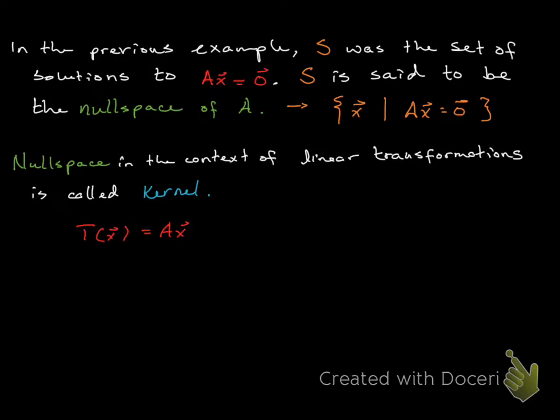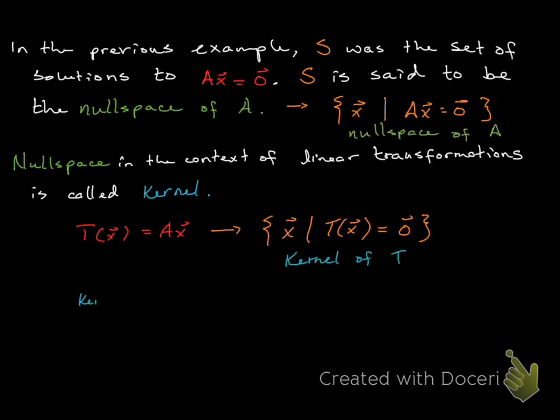So we do want to be able to talk about these in slightly different contexts. But what this is called is the kernel when T of X equals 0. The null space refers to the matrix multiplication. The kernel of T refers to the transformation. So the kernel refers to linear transformation, whereas the null space refers to the matrix multiplication.